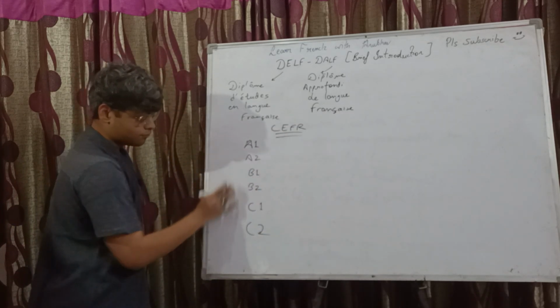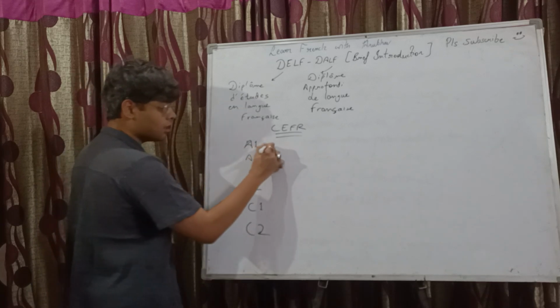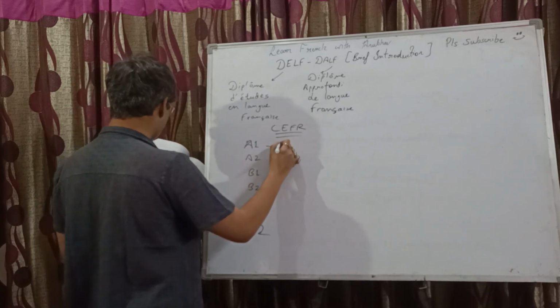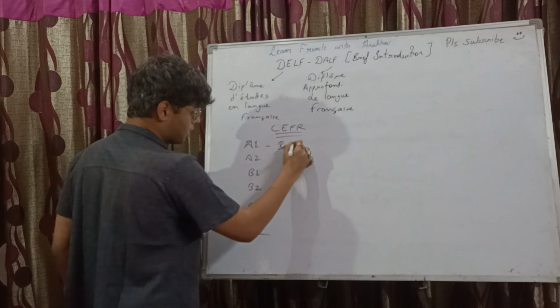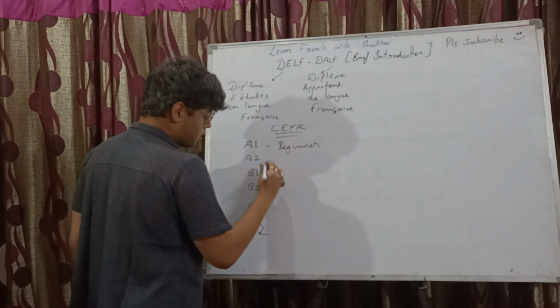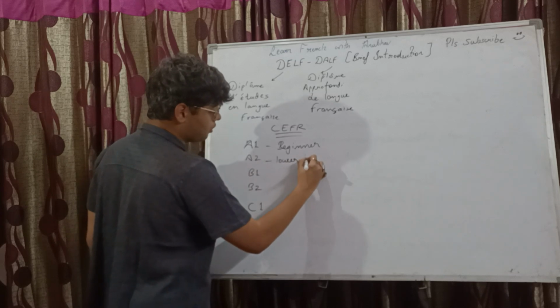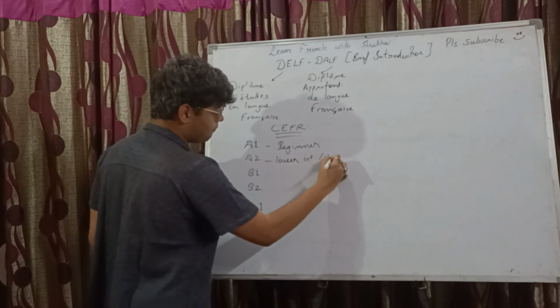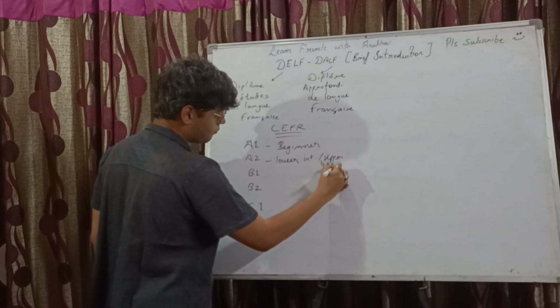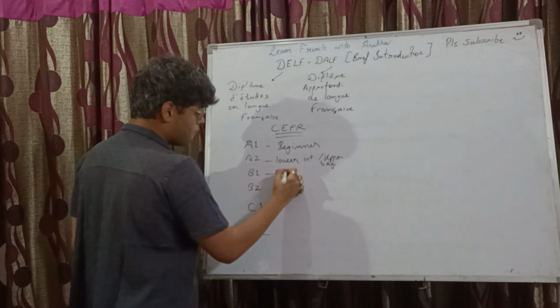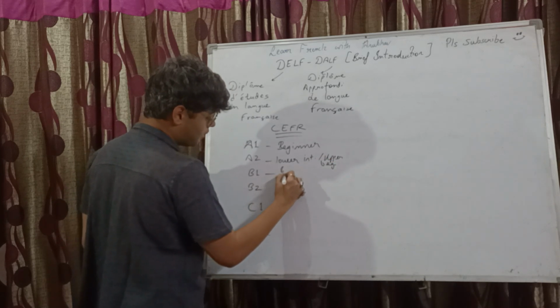Okay, 6 levels. Now A1 you can call it like absolute beginner. A2 you can call lower intermediate or upper beginner. B1 is intermediate.